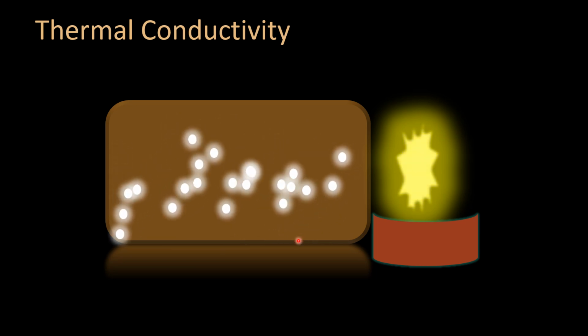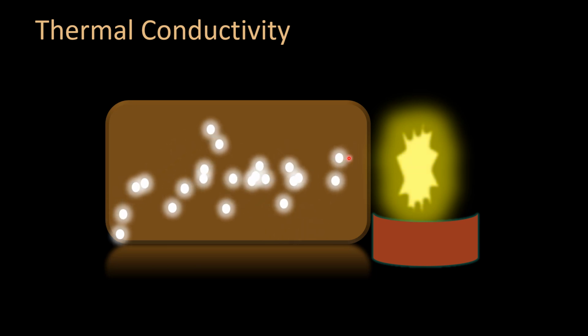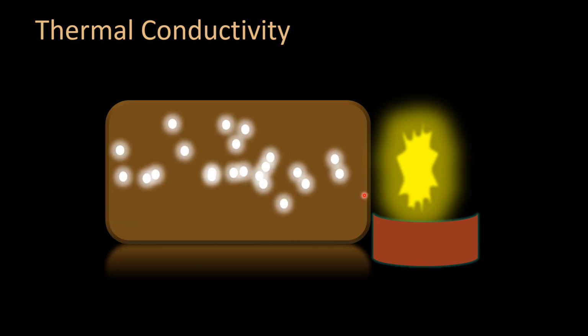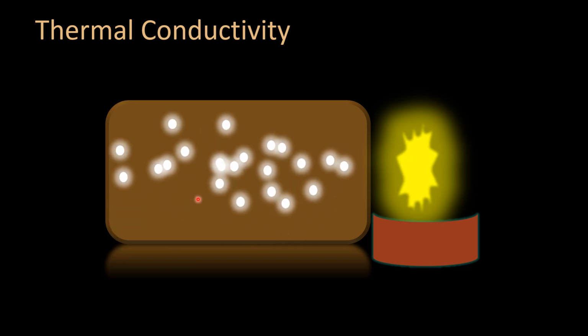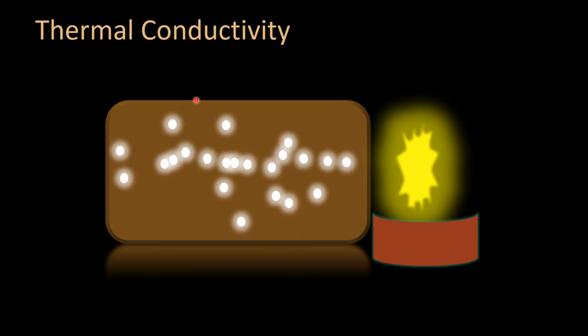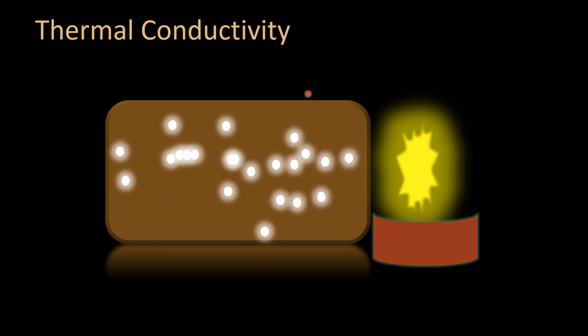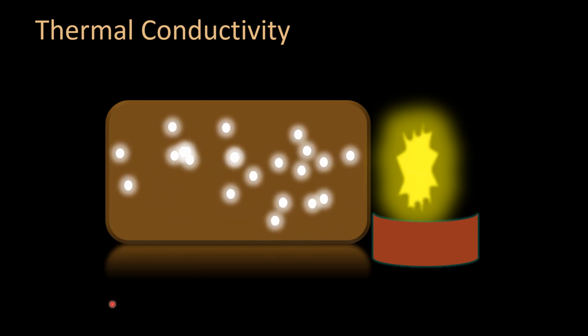In this way these free electrons can conduct the heat in the metals from one point to another point. So thermal conductivity is also due to metallic bonding, due to the presence of the free electron sea or electron cloud in the case of metals.